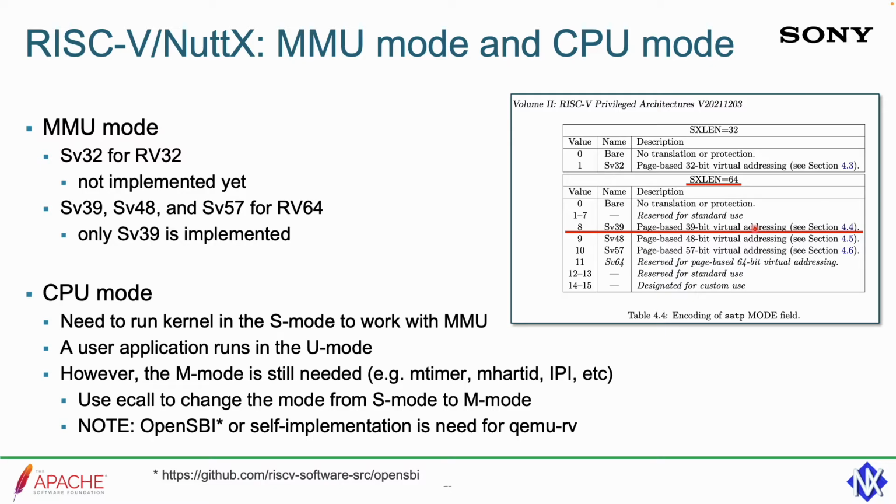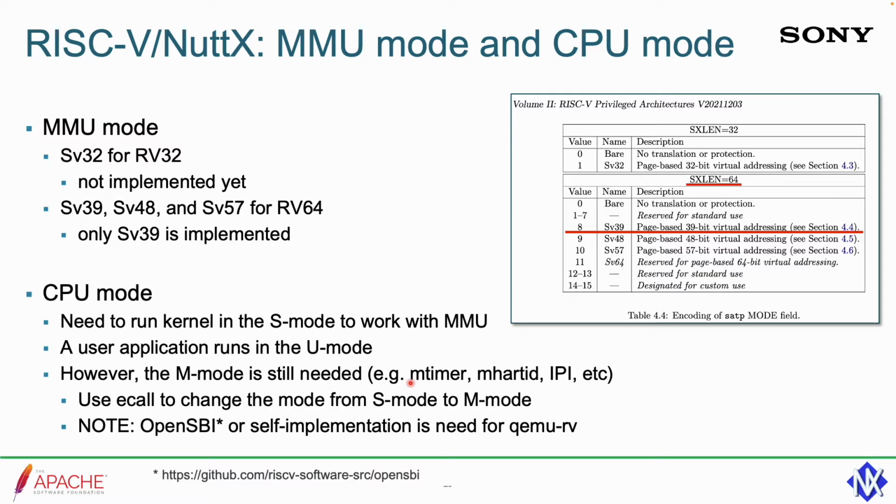However, in RISC-V NuttX, currently only SV39 is implemented. To work with MMU, RISC-V needs to use S mode, supervisor mode, to run the kernel code. However, we need to use M mode, the machine mode, as well to access such things as mtimer, mhartid, and so on.